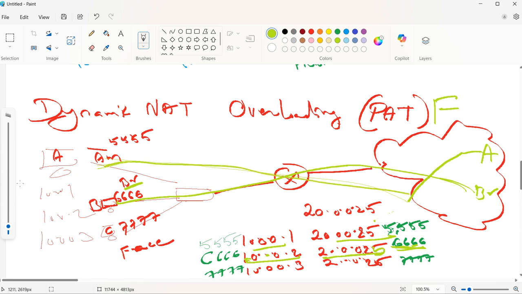So you see the same IP address repeatedly overloaded, along with the port number. With the port number, you are able to differentiate. Even though the IP address is the same, the traffic is not for the same destination, it is for a different destination, and it is identified using the port number. Did you understand?